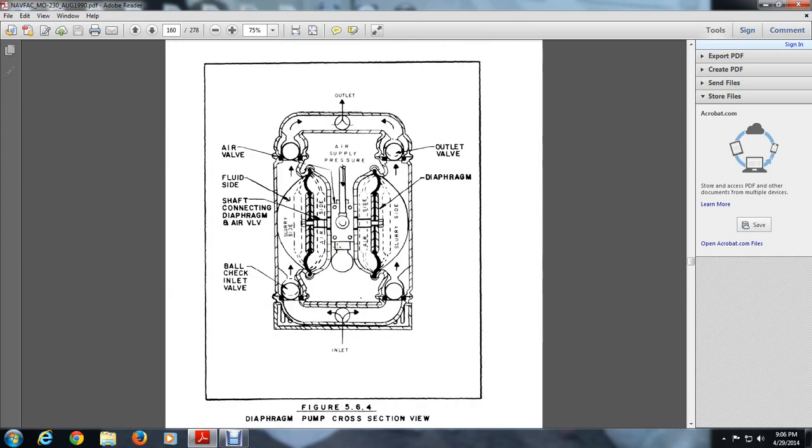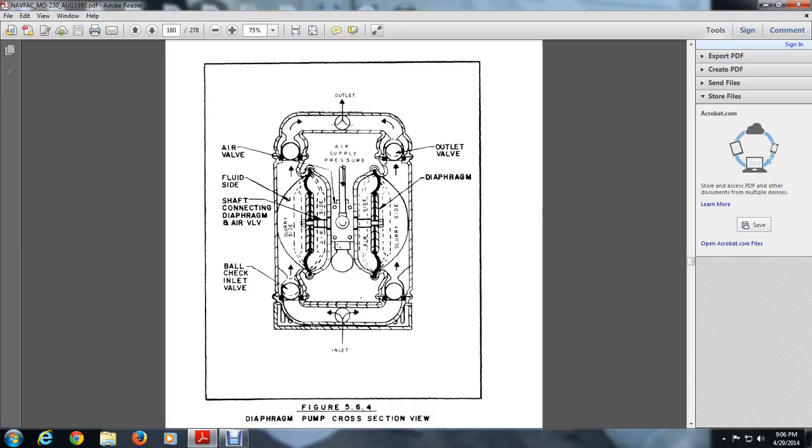Here you see a diaphragm pump cross section. It starts with the inlet, going both ways through an upward ball check inlet valve, and through what's known as the diaphragm area, with the shaft connection, diaphragm, and air valve, with a fluid side and an air side, and out through another outlet valve.